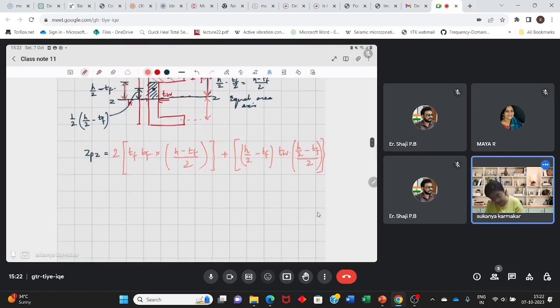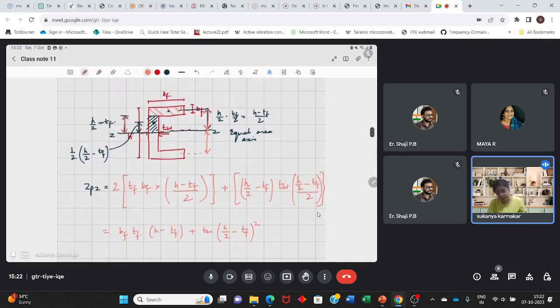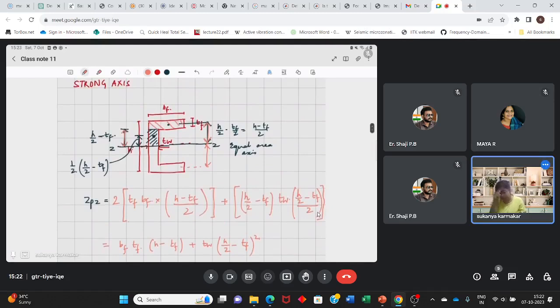And if you simplify this, you will get BF into TF into (H − TF) plus TW times (H/2 − TF). So this is ZPZ, the plastic section modulus about the strong axis.